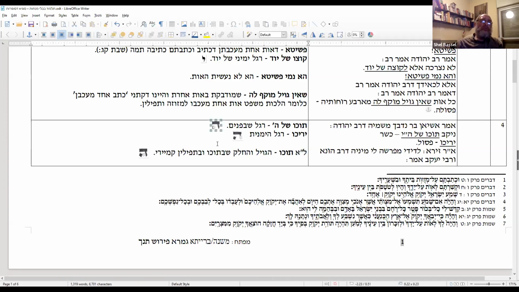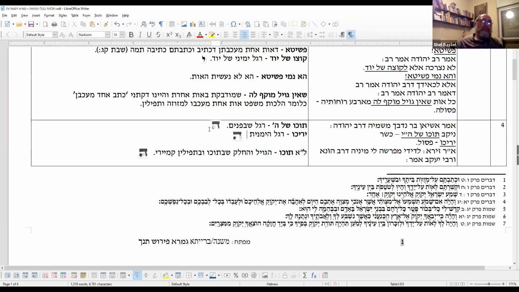Presumably, it's also true in the first lashon, because here it just says nikev tocho shel hay. It refers to the nekuda here, and right now this nekuda is bleeding, right? This little sliver is touching on the inside of it, it is touching a hole, right? And it's not touching white space.